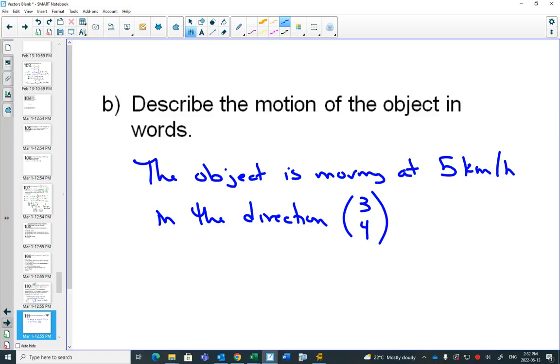So the reason that the direction vector is called the velocity vector is because velocity has a length and a direction, whereas speed is just a scalar. It's just telling you how fast something is going without necessarily giving its direction. Okay? So the object is moving at 5 kilometers per hour in the direction 3, 4. I guess technically you could say the object's velocity vector is 3, 4, and that would tell both of those things at once.